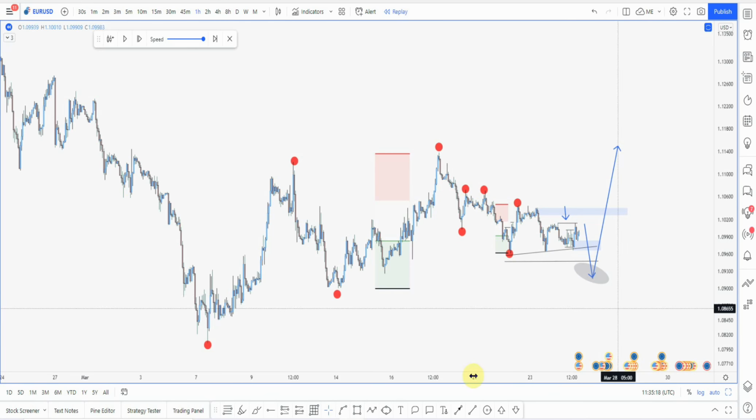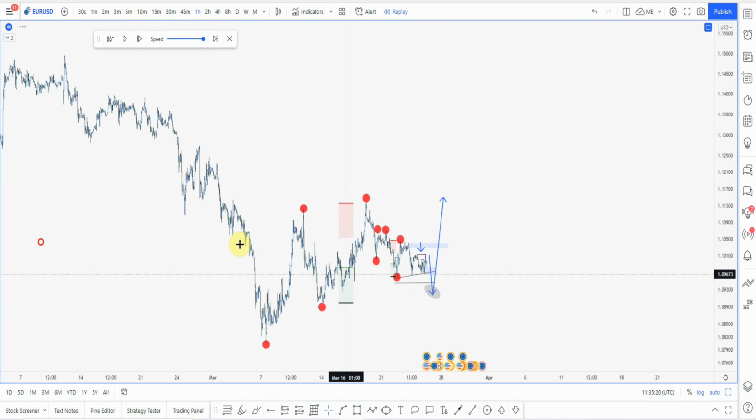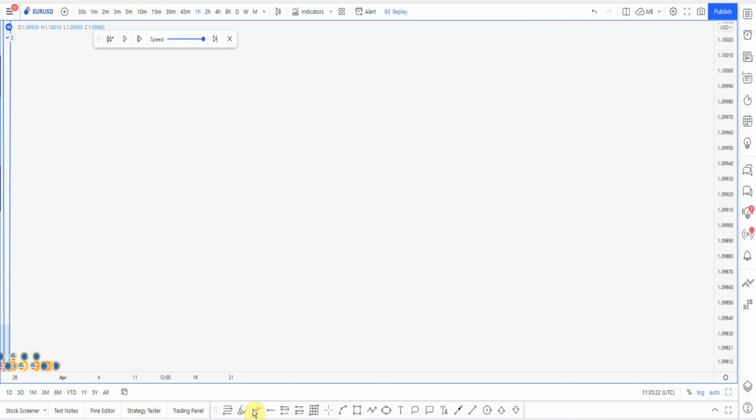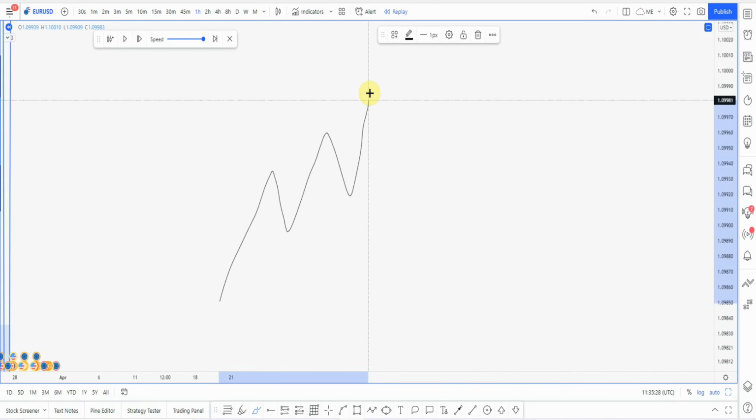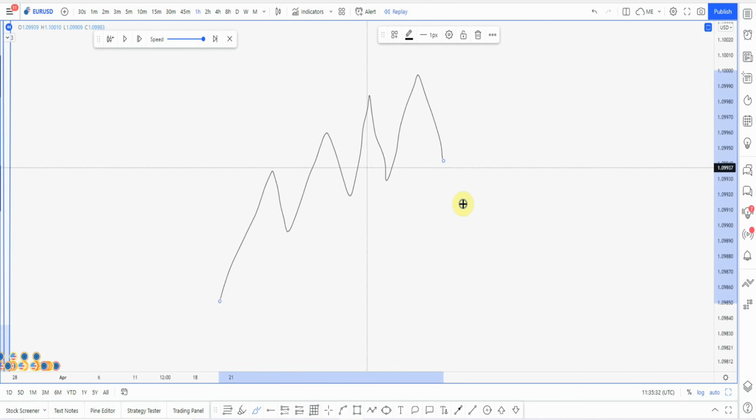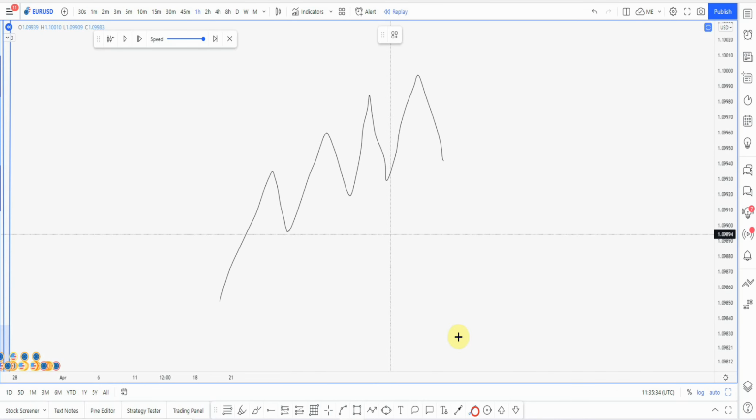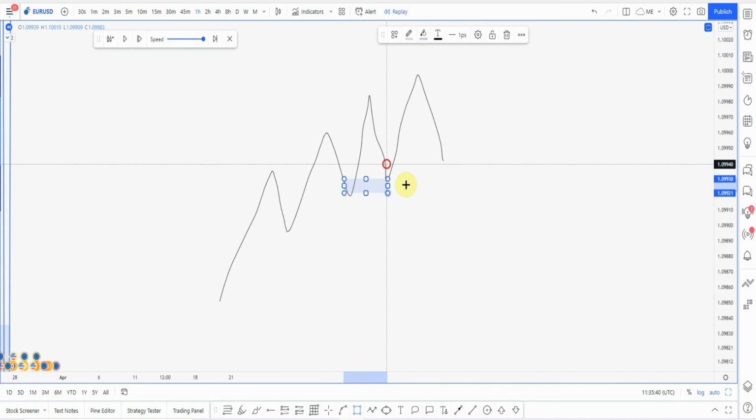As I explain to you a little bit here, when market is bullish, okay, what you see here is people are looking for buys in the market. They're saying, okay, our order flow is bullish.